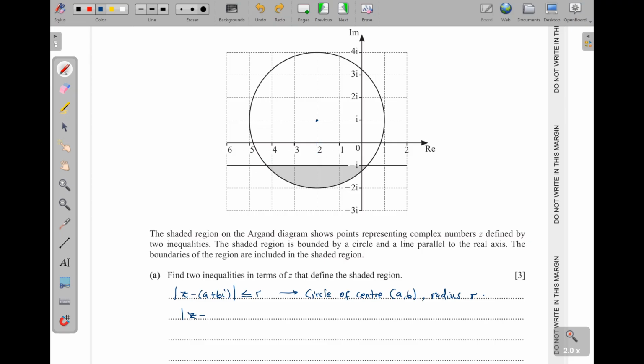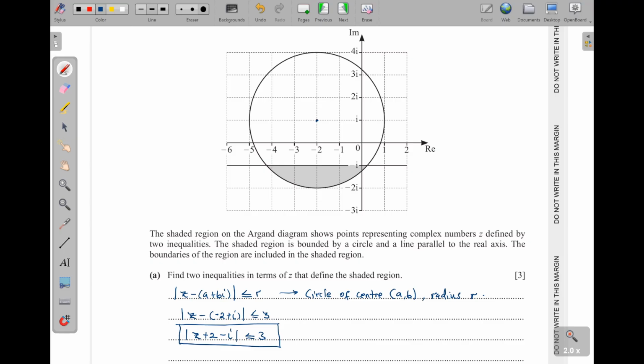So we shall have z minus (-2 plus i), less than or equal to the radius, which is 3. 1, 2, 3. Radius is 3. Then I can simplify this and write z plus 2, when I open the brackets, minus i, less than or equal to 3. So this is one inequality.